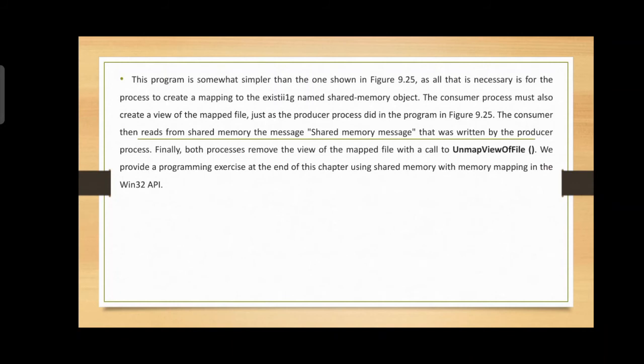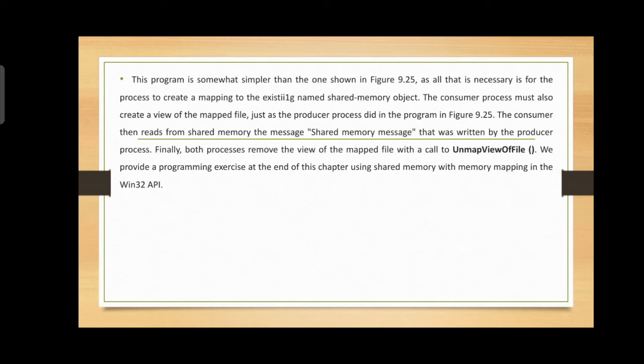This program is somewhat simpler than the one shown in Figure 9.25, as all that is necessary is for the process to create a mapping to the existing named shared memory object. The consumer process must also create a view of the mapped file, just as the producer process did in the program in Figure 9.25.